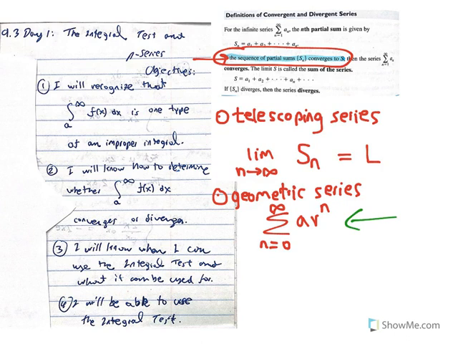First you have to be able to identify that you have a geometric series, and then it's pretty easy to know if a geometric series converges or diverges by looking at the absolute value of the common ratio. And of course, the proof of the theorem for the geometric series test goes back to this definition, just like the proof of the integral test goes back to the definition. But once you have a theorem established, you no longer have to go back to the definition, you can just use the theorem.